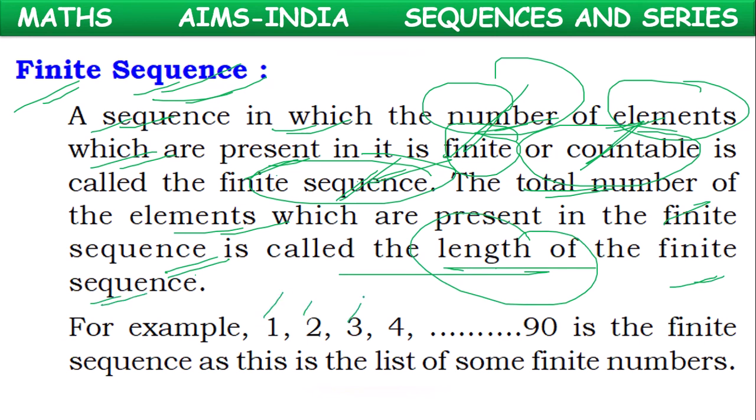Suppose 1, 2, 3, 4, and so on up to 90. So it is a finite sequence. Then the length of this finite sequence is 90, because starting from 1 to 90 we have 90 elements in that. So the length of this finite sequence is 90.